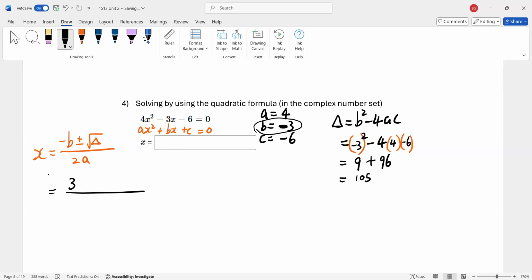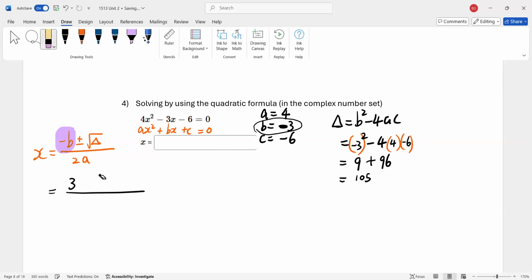That's somewhere people make mistakes for a reason. Maybe because negative is kind of confusing. Think about opposite. Instead of confusing yourself with negative, think about opposite. Negative b, this part, is the opposite of b. B is -3. Its opposite is a positive 3. Plus, minus, square root of delta, which is 105.